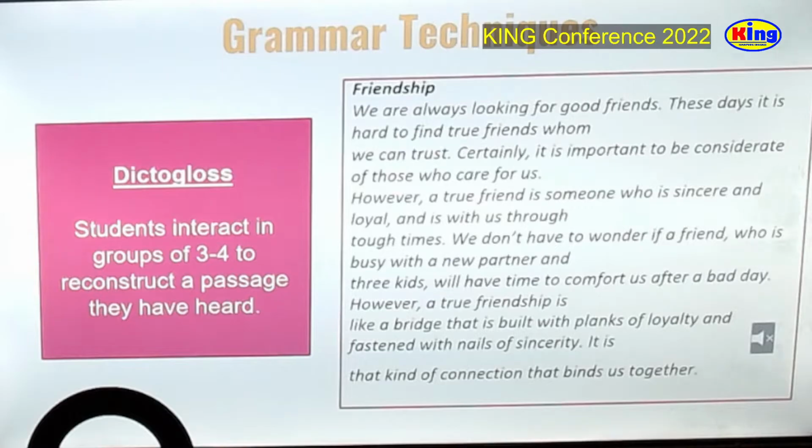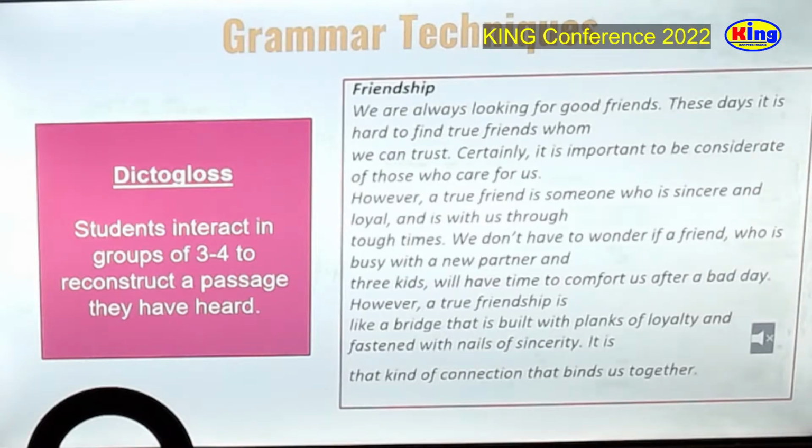You can ask your students to read this passage, and don't forget again about the schemata if you do it for the listening class. Give a brief explanation about friendship. You can give information: what kind of a good friend, do you have a close friend or not, something like that.